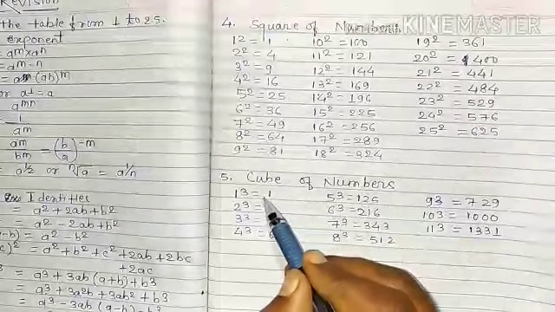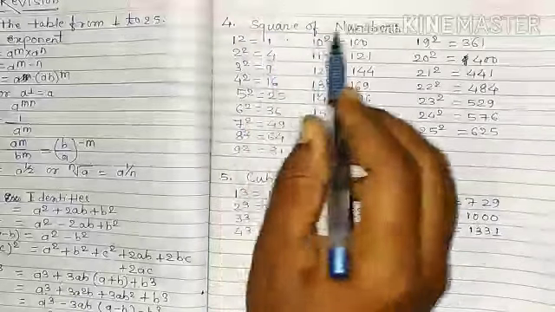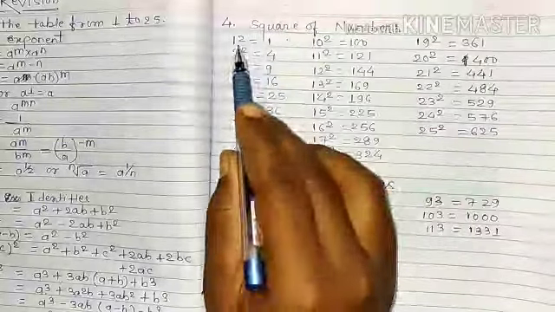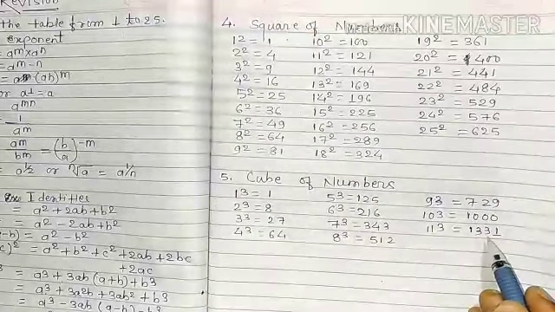It is also remembering work, cube of numbers from 1 to 11 and square of numbers from 1 to 25.